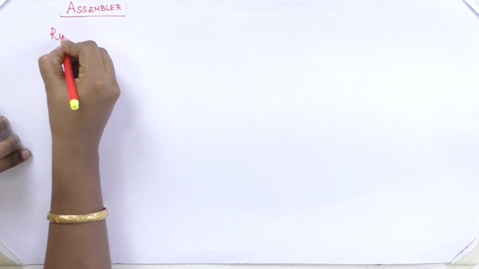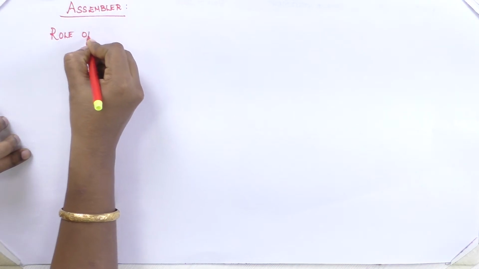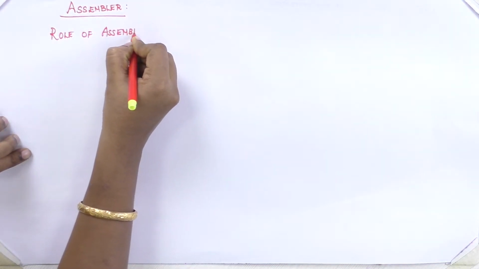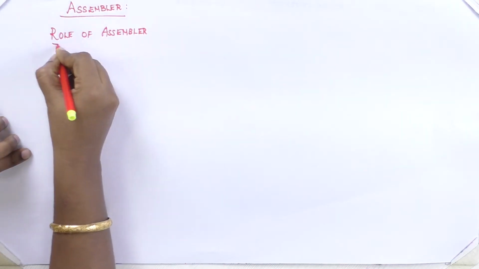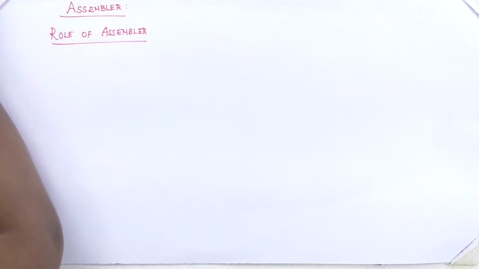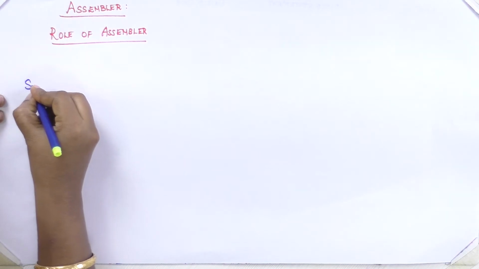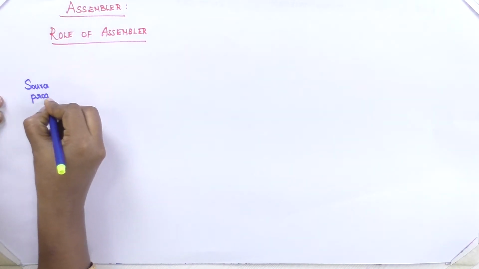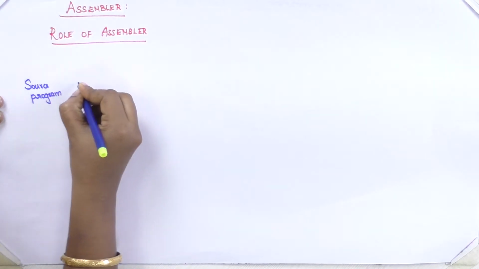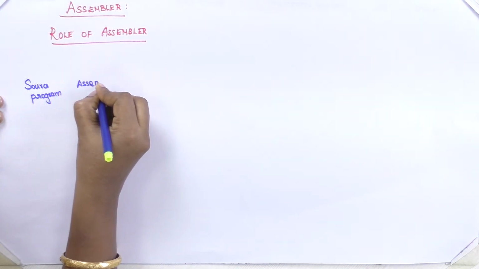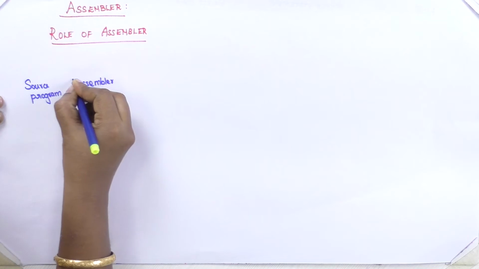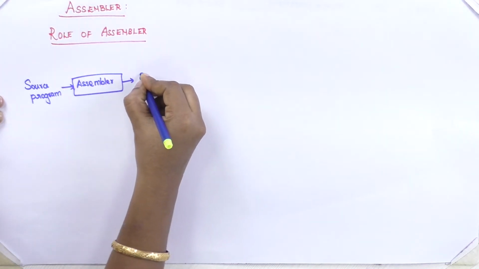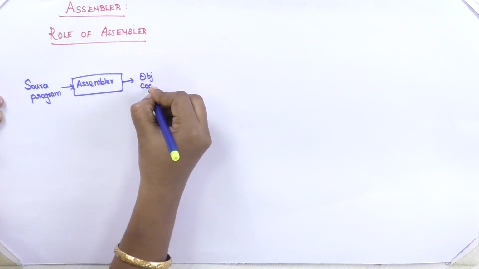Role of an assembler. When a source program is given to an assembler, it will convert that source program to an object code. That is the main function of our assembler.